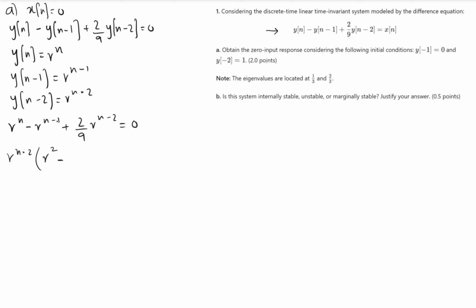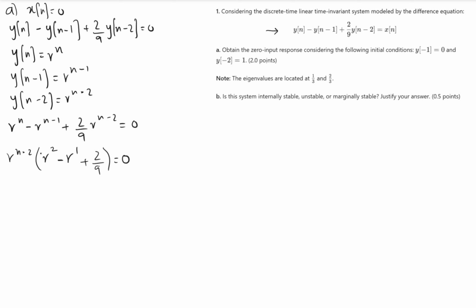Similarly, if I add plus 2 to this term, it becomes r to the power 1. I removed n minus 1 and put 1 here. And I remove the whole r to the power n minus 2 out, so it becomes 2 by 9 equals 0.